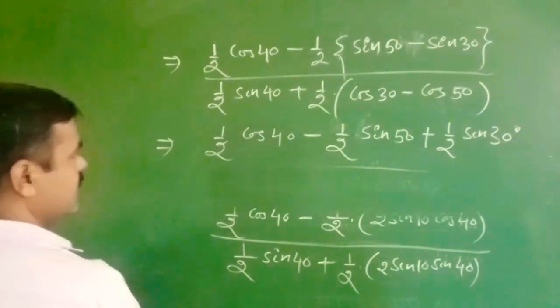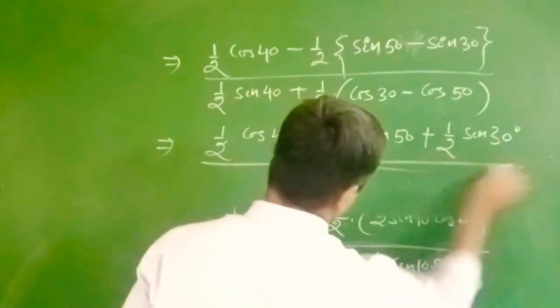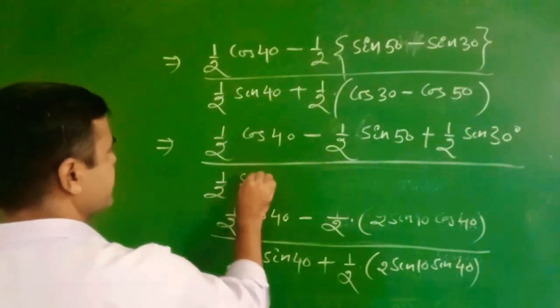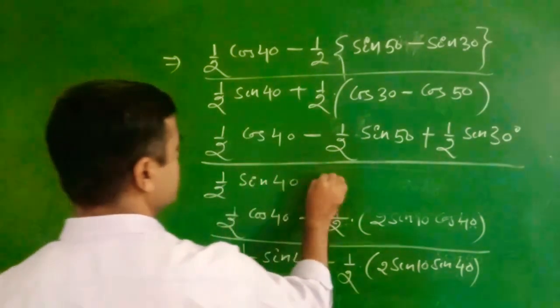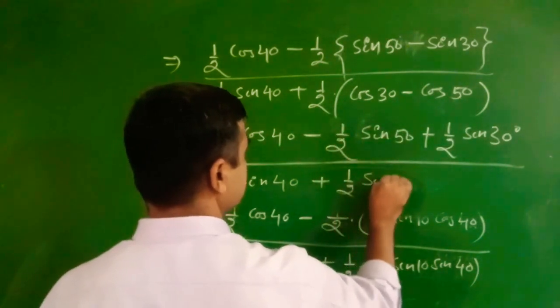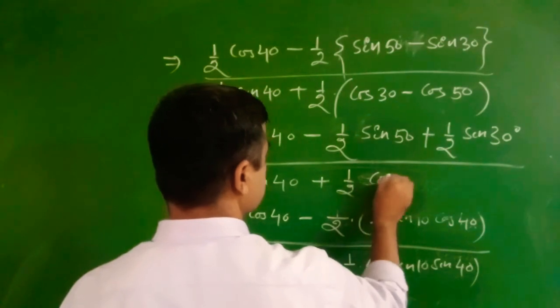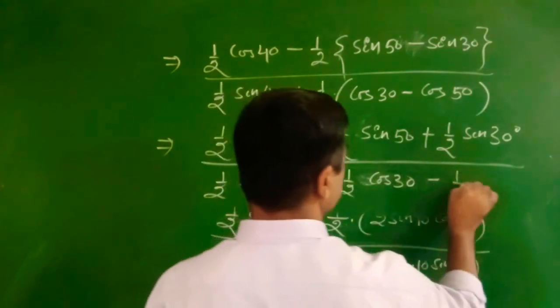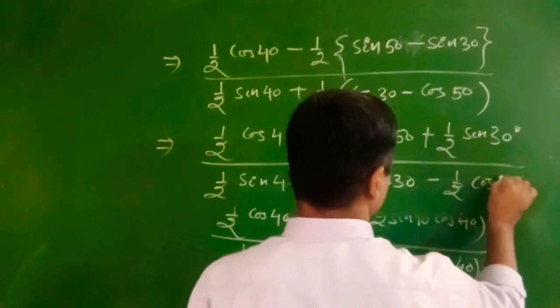And in the denominator 1 by 2 sin 40 plus, multiplying 1 by 2, cos 30, 1 by 2 cos 30 minus 1 by 2 cos 50.